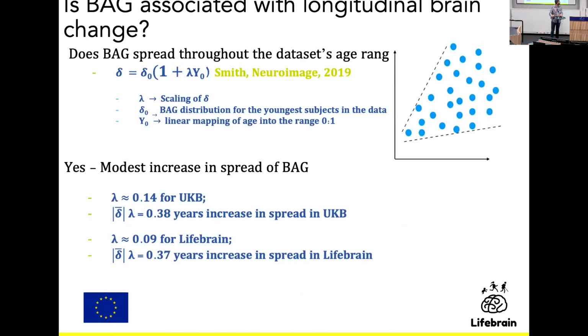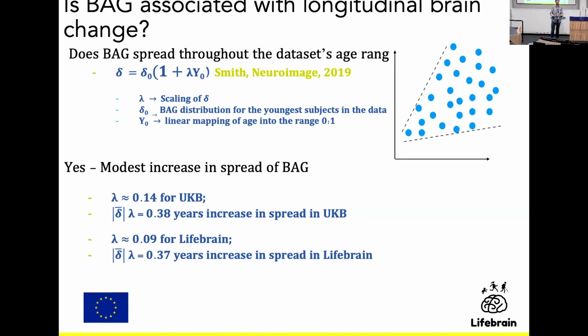Finally, we assessed whether cross-sectional delta spreads with higher rates, using the formulation in the Neuroimage 2019 paper by Stephen Smith. I'm not going through the formula, but the results show that, both for the UKB and the Lifebrain dataset, there's a quite modest increase of delta throughout the dataset's age range, amounting to a little less than 0.4 years of increase in spread.